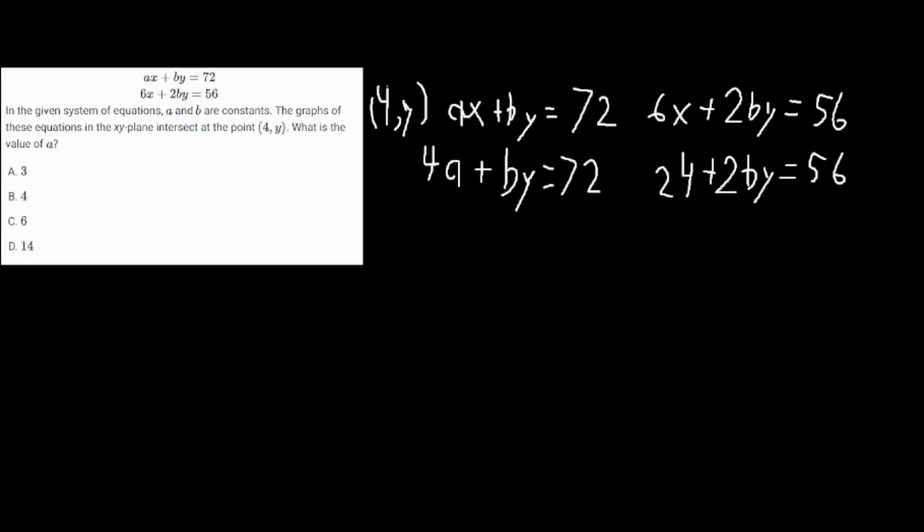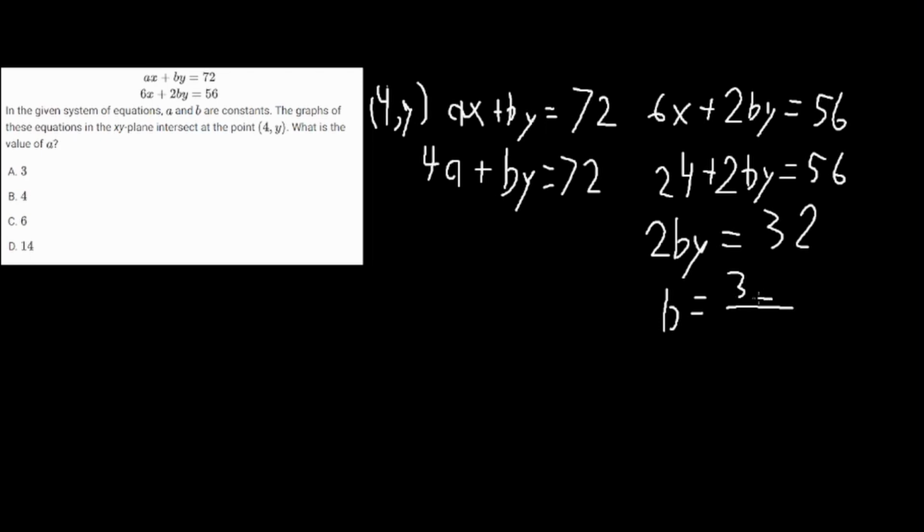So what I'm going to first do, looking at our second equation, is subtract 24 from both sides. So that will give us 2by equals 32. Now, to find and isolate b, what I will do is divide by 2y.